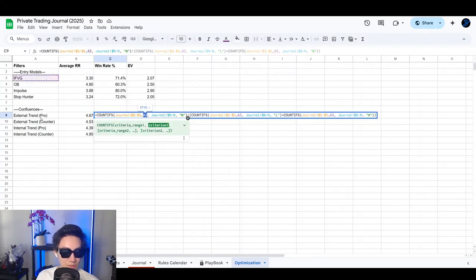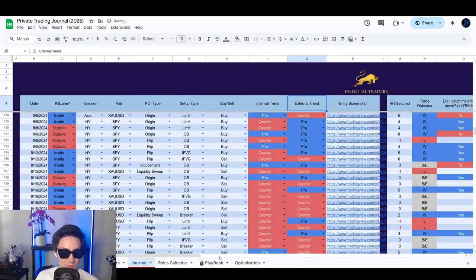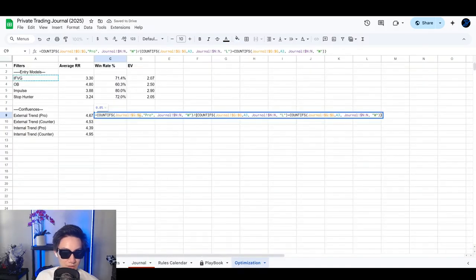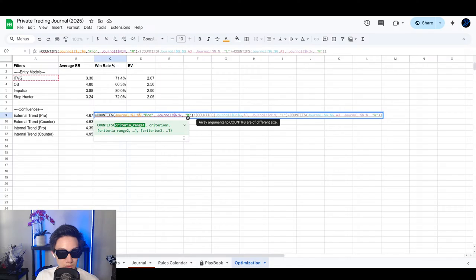Instead of using A3, we'll have to go with pro here. And instead of G, I believe this is J. Yep, external is J. So we'll go through J. And these are obviously wins and losses, which is fine. Everything else here should be the same.